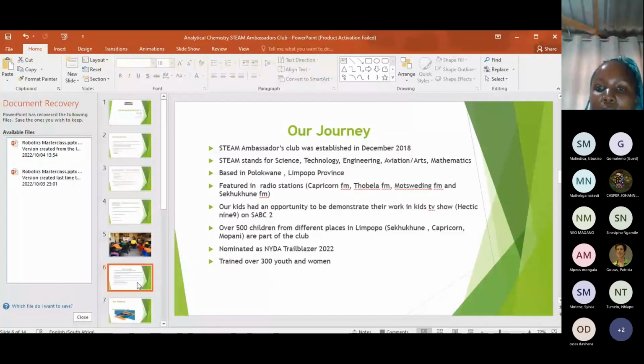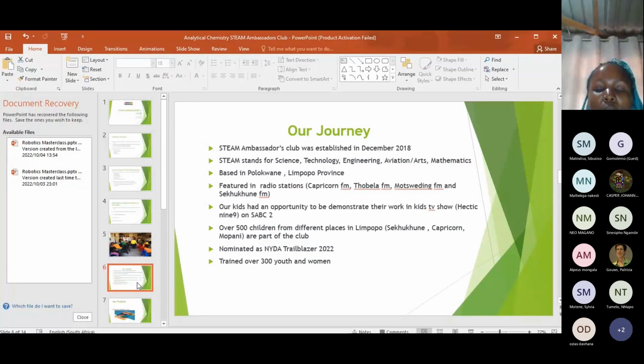What we do at our center, like our journey: we started in December 2018. We started the club by teaching children offline robotics, and now we take them for educational tours whereby they learn different kinds of things so that they can think innovatively and critically.